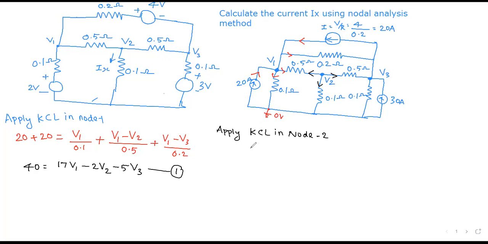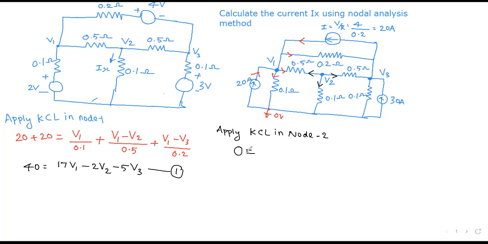The current entering the node is 0 since we don't have any current sources connected directly to node 2. So the left hand side is equal to 0. For the previous node, we put 20 plus 20 because the 20 amp and 20 amp sources are directly connected to node 1, and both currents are entering the node. That is why we took 20 plus 20 as the left hand side.